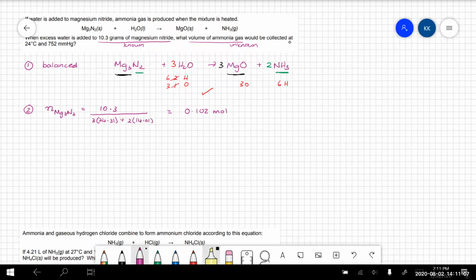Time to use the mole ratio. Putting your unknown, we want to know about ammonia, so that is our unknown on the top. Our known, magnesium nitride. And from the balanced equation, our ammonia has a coefficient of 2. Our magnesium nitride has a coefficient of 1.